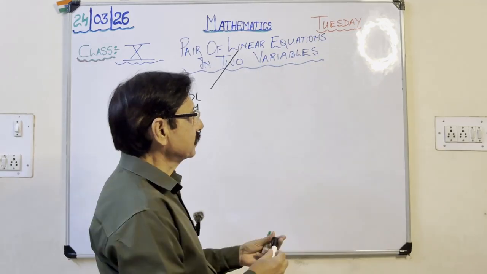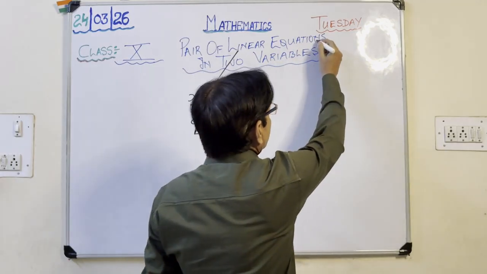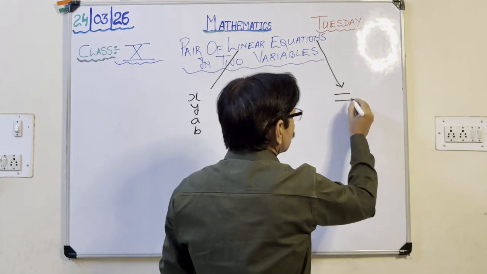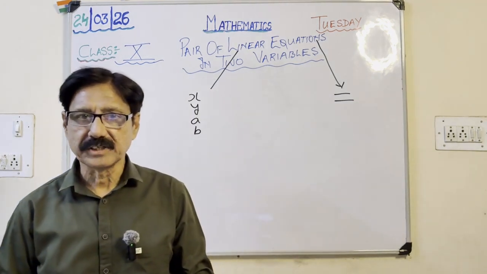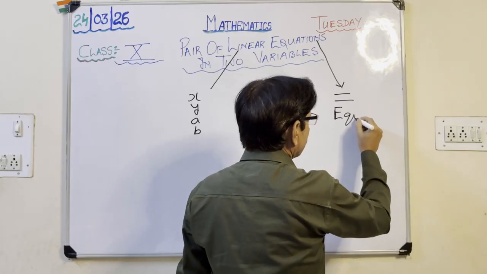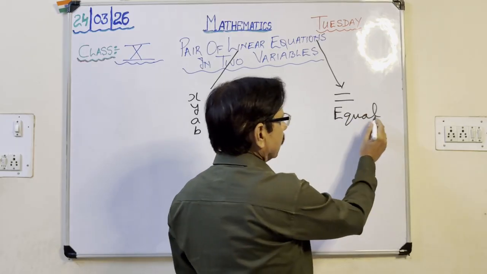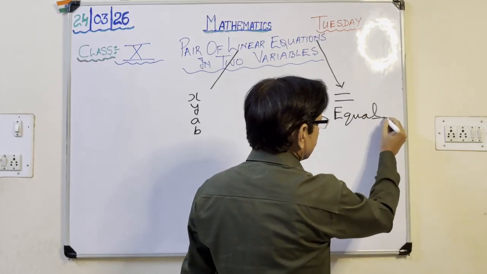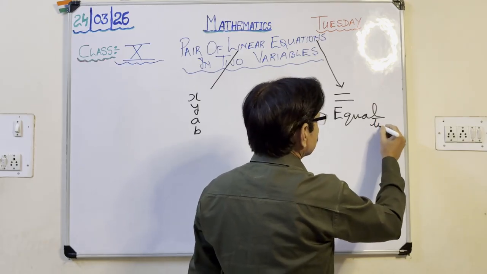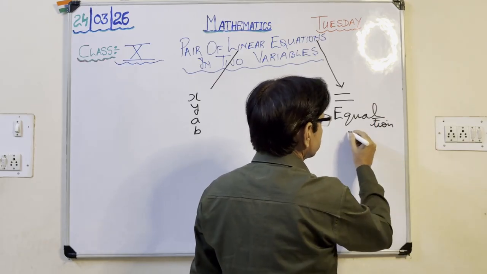Then equations, you all know the meaning of equation. Equation means equals to sign. The word equation is derived from the word equal. If from here, instead of L, I put tion, this word will become equation.